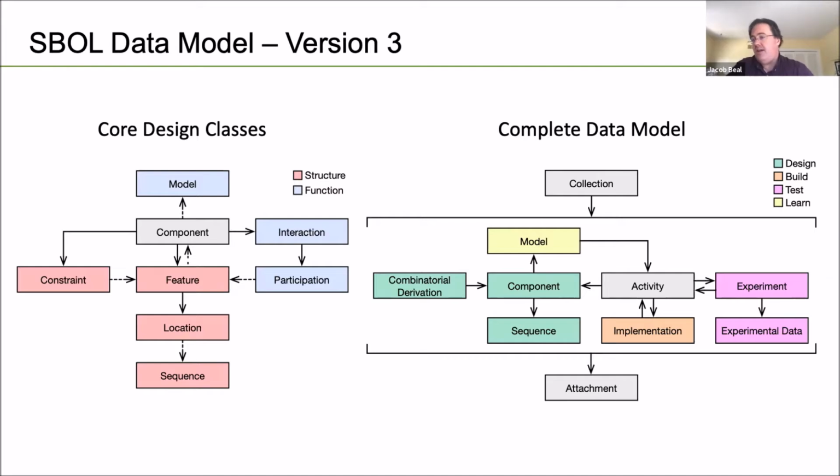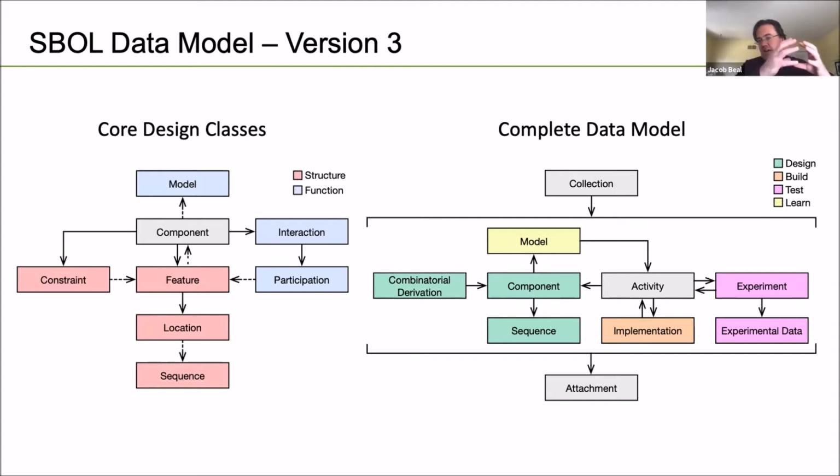And I'm going to remind you, we're going to start out at this core. Component is really the core that we build everything around. Component is what you use to represent a cell. It's what you use to represent a piece of DNA. It's what you use to represent a protein. It's what you use to represent the design for an experimental sample.